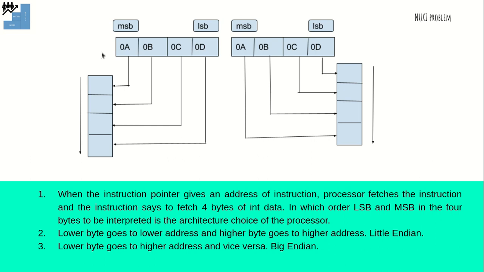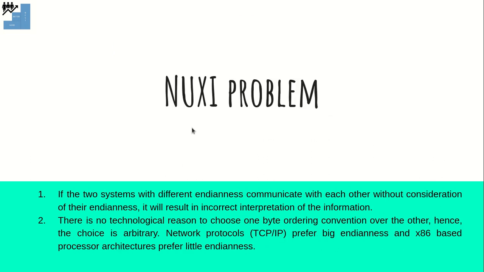So when LSB goes to lower address and MSB goes to higher address, this is called little endian, and when LSB of the data goes to higher address and MSB goes to lower address, this is called big endian. Okay. This can result in a problem called the NUXI problem, when there are two systems A and B.